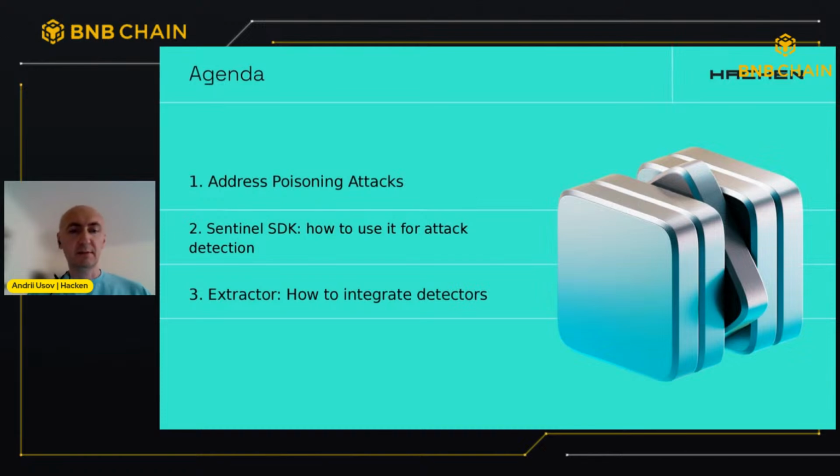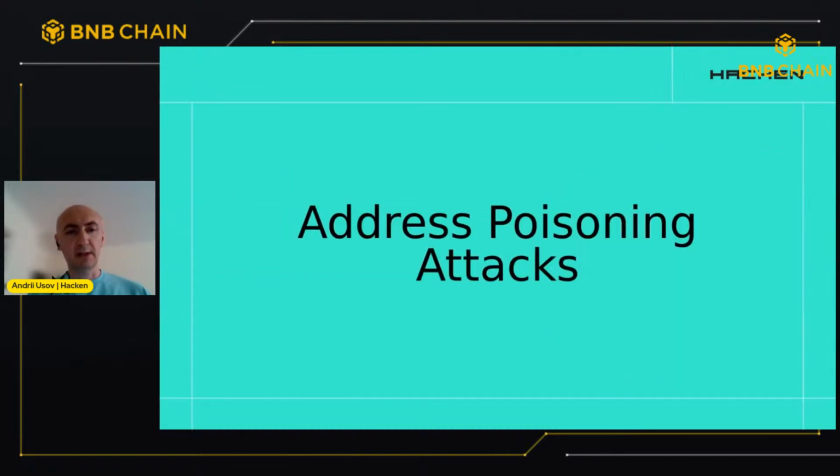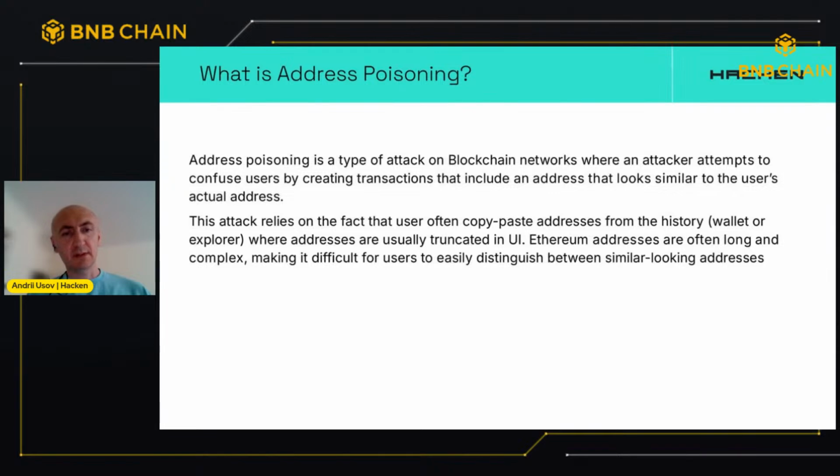Okay, let's start with the address poisoning attack. What is it, how is it possible, and what is behind this attack? The fact is that this attack relies on human mistakes.